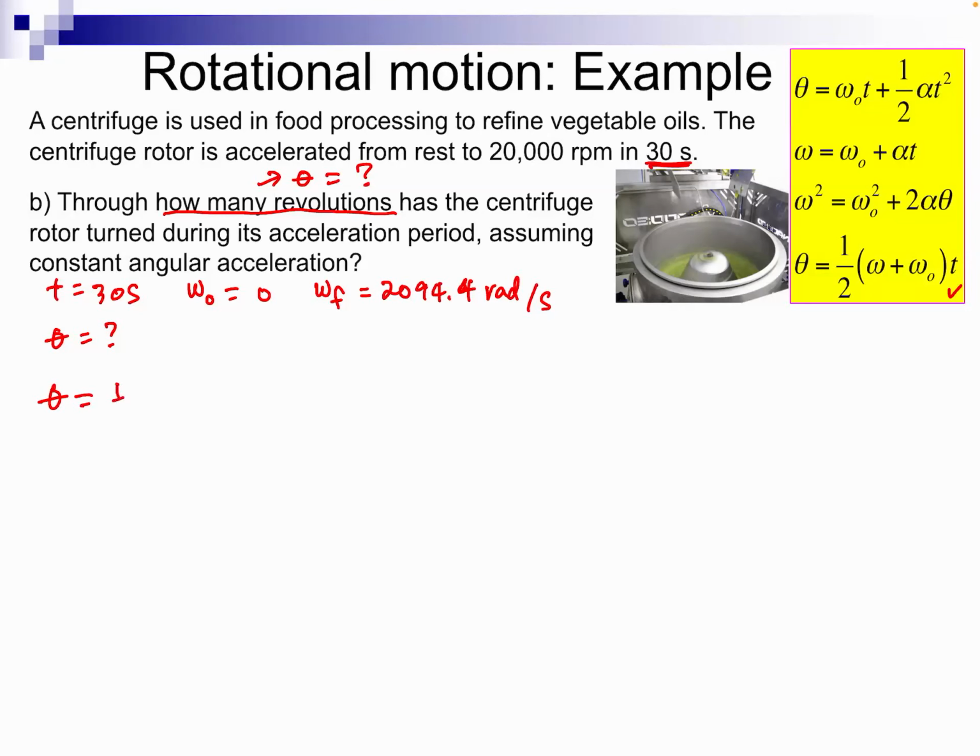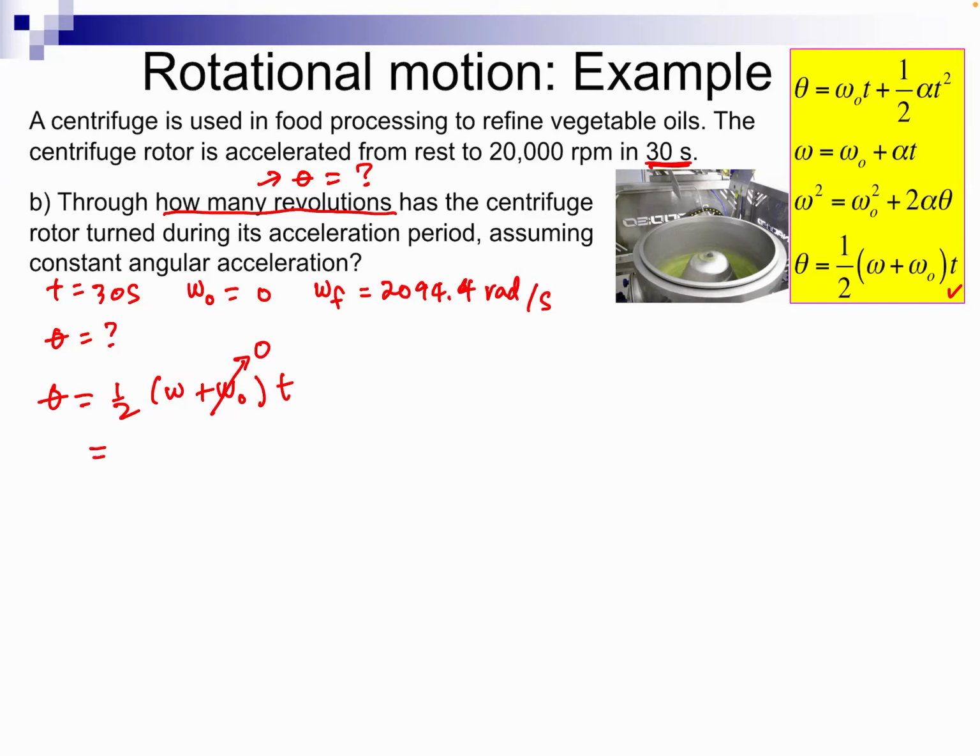So theta equals 1/2 times omega plus omega naught times t. The initial angular velocity is 0. Again, initially the centrifuge is not rotating, so omega naught is equal to 0.